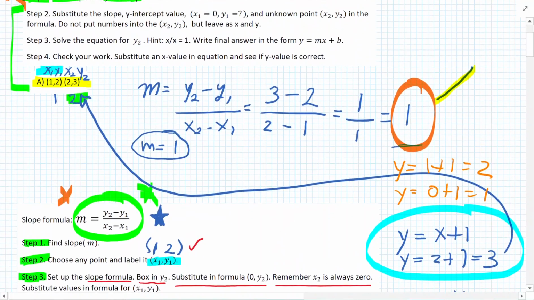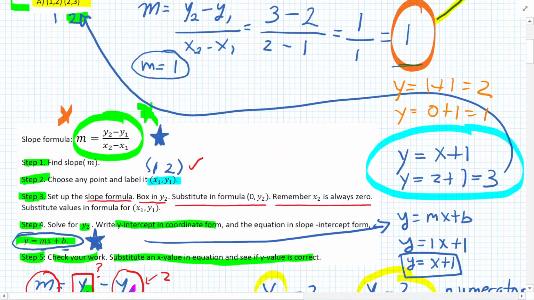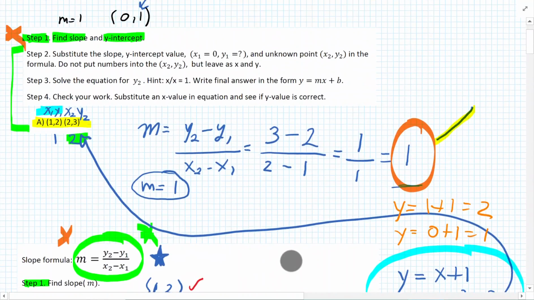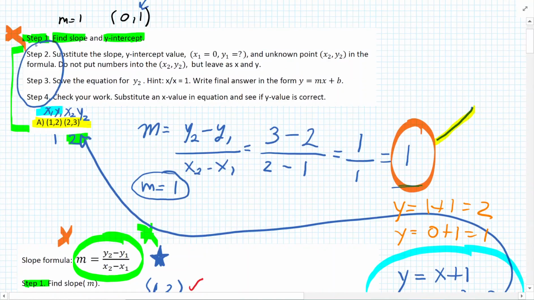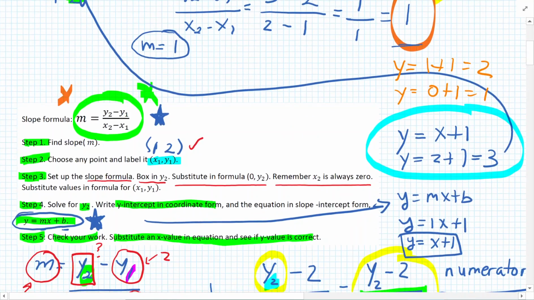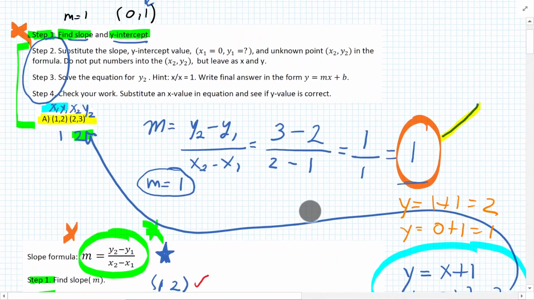But we're going to derive the equation of the line differently now. That's the point of these three steps. The first step was to find the slope and then the y-intercept. In the previous problem and what we just did, we took that information and substituted it into this equation and came up with the equation. We're going to approach it differently now.